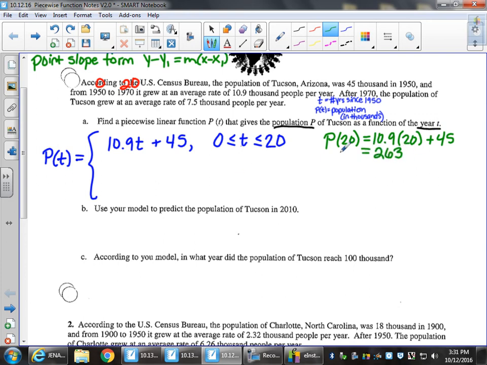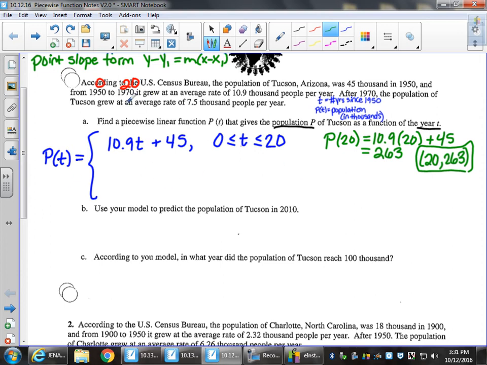So from that, I get the ordered pair 20, comma, 263. There's my ordered pair. So that means in 1970, the population was 263,000. That will be involved in the starting point of my next segment.